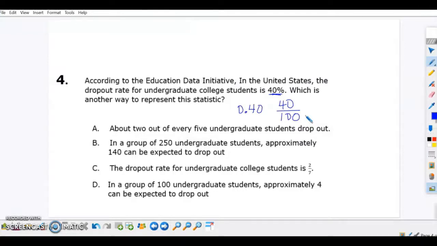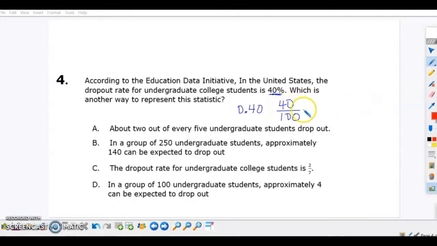And we could reduce 40 over 100 if we divided both by 2 or even something bigger than 2. So let's figure out which of these has the same value as 40%, 0.4, or 40 out of 100. Letter A, about 2 out of every 5 undergraduate students drop out.